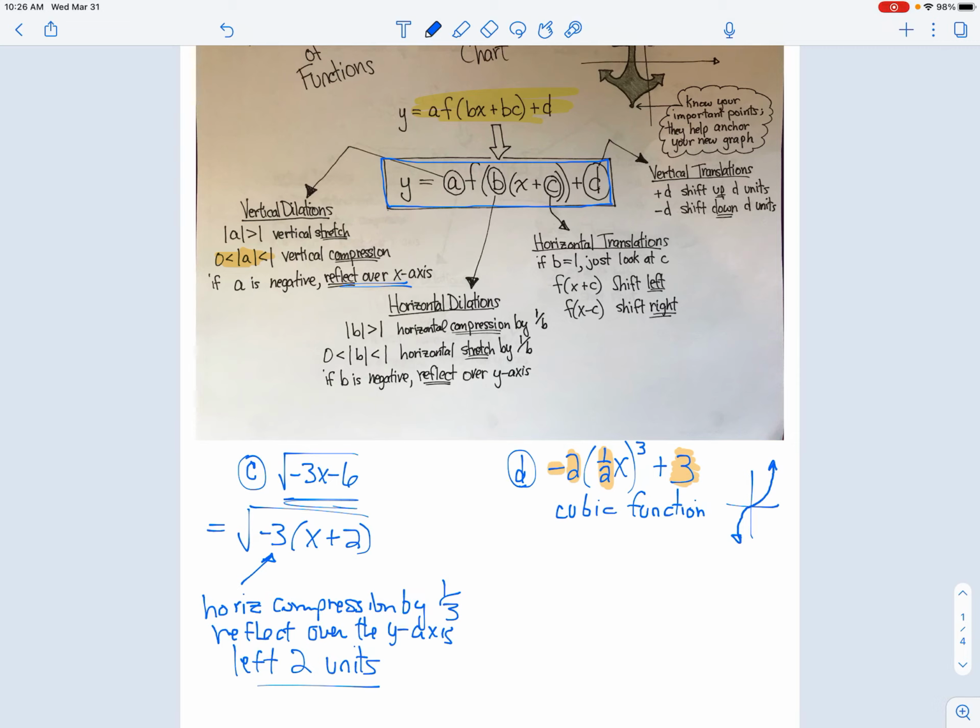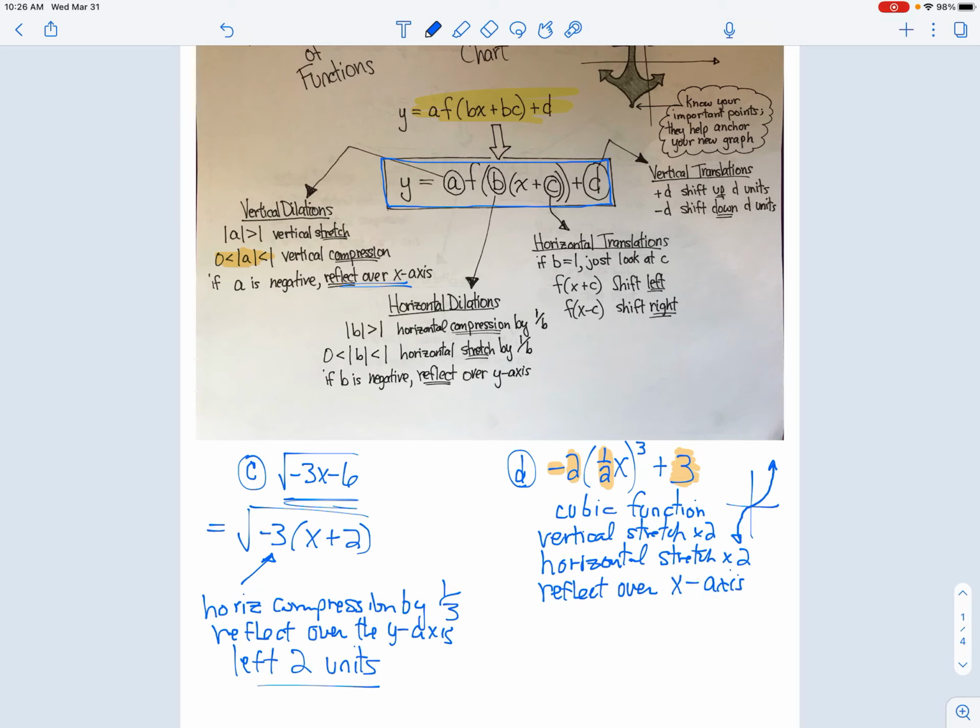So this is a vertical stretch by 2. It's also a horizontal stretch by 2. There's a reflection over, the negative is on the outside, so that's the x-axis.